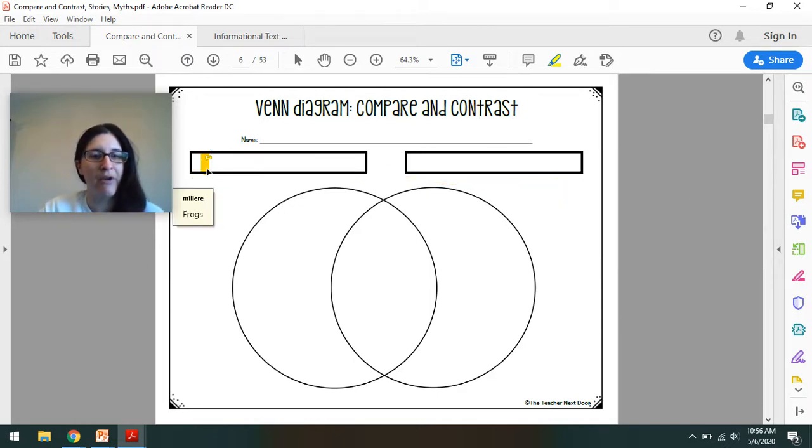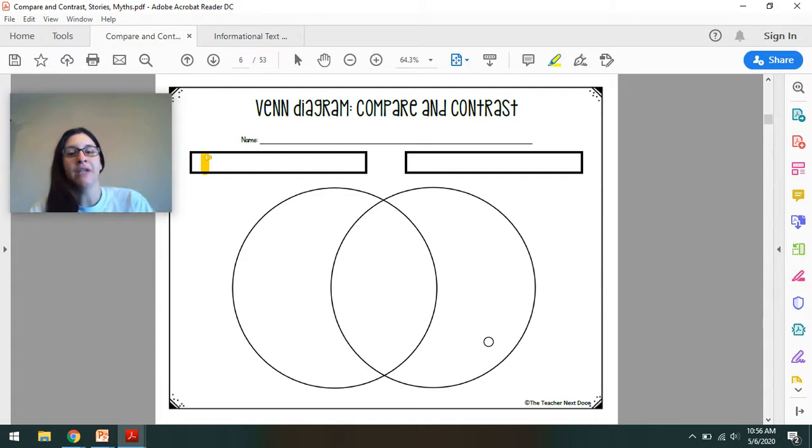That didn't really work how I wanted it to, but you get what I'm saying. Like if we had this printed out, this could say frogs. Right here, it could say lizards. Everything in this circle, we would write that is unique just to frogs. Everything in this circle, we would write everything that is just unique to lizards. And in the middle is where they overlap or how they are the same or similar.